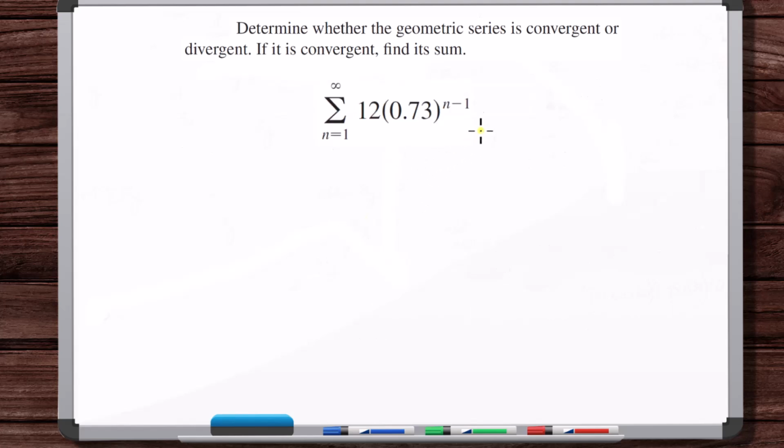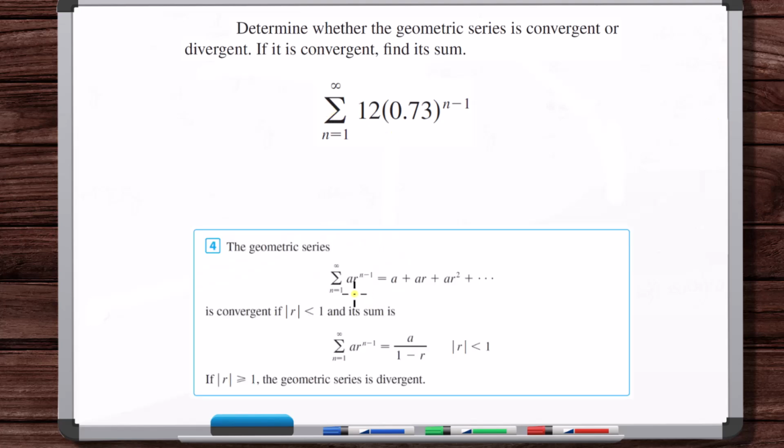Okay, so we want to see if this converges. They tell us this is a geometric sequence. And so do we need to rearrange the terms? It doesn't look like it. A times r to the n minus 1. So no, it's already in this form here. And well, it's not about being in a certain form.